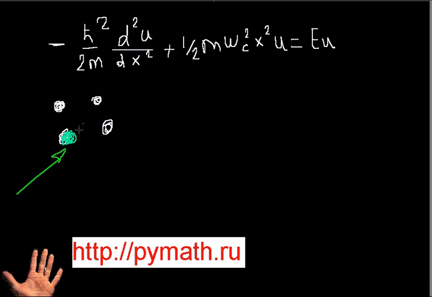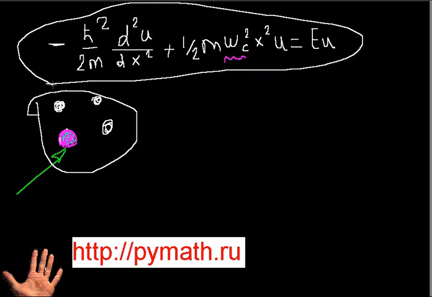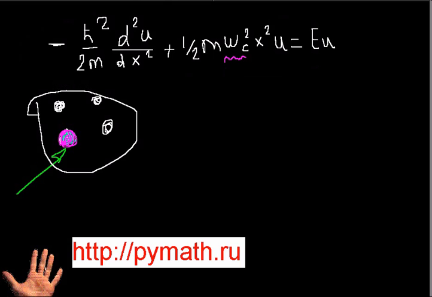They have energy states, and this light can be absorbed, and the frequency of the absorbed light identifies the frequency omega that can characterize the property of this system. And that's why the solution of this problem is quite important.